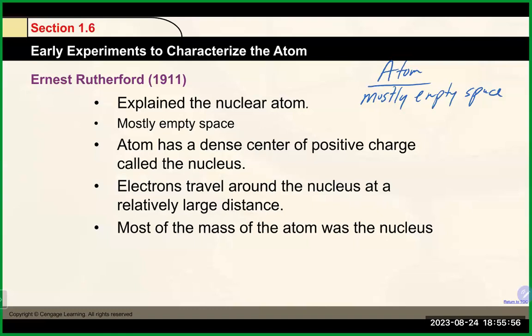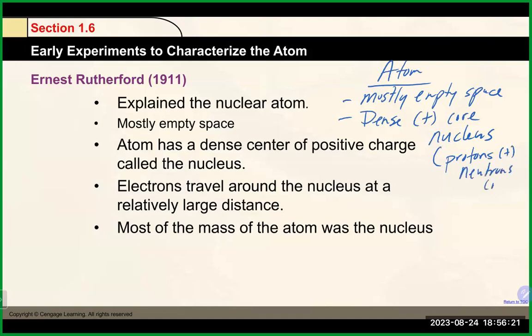That accounted for why pretty much all those alpha particles sail through, no problem. It also has a very dense positive core, which was called the nucleus. Later experiments found that inside the nucleus, protons are found there. And later in the 1930s, neutrons are found as well in the nucleus.